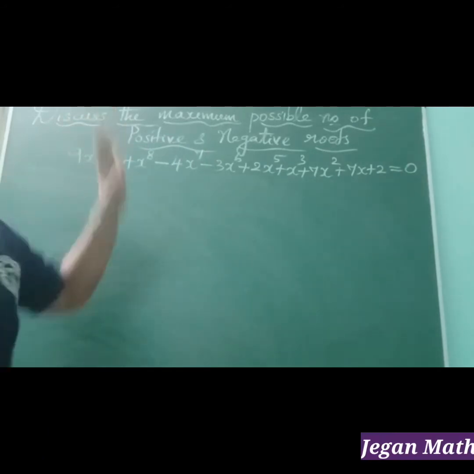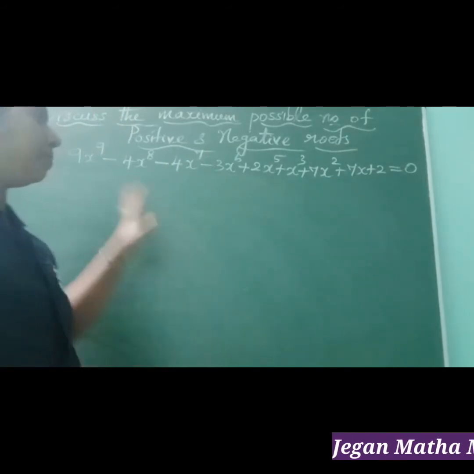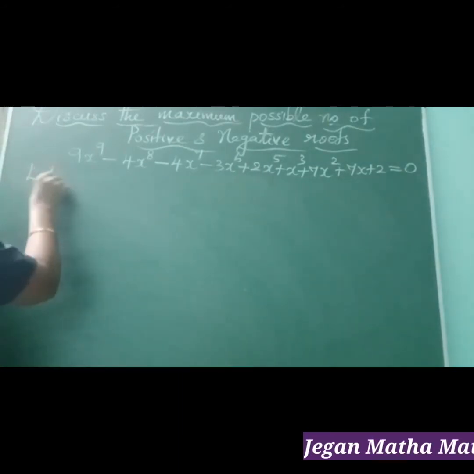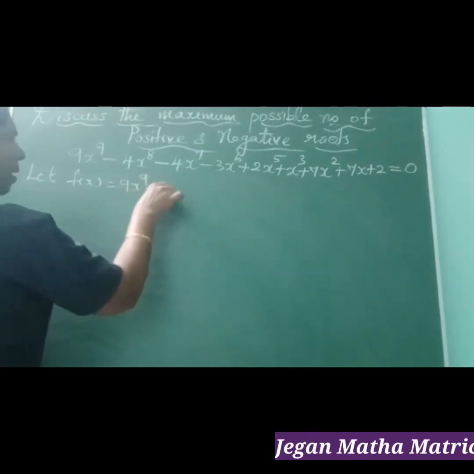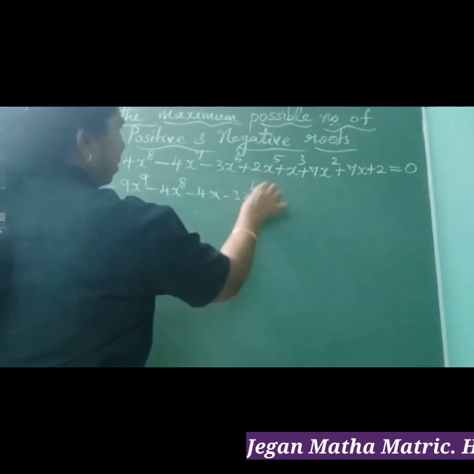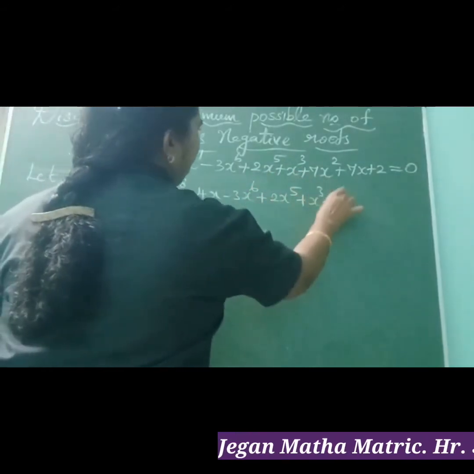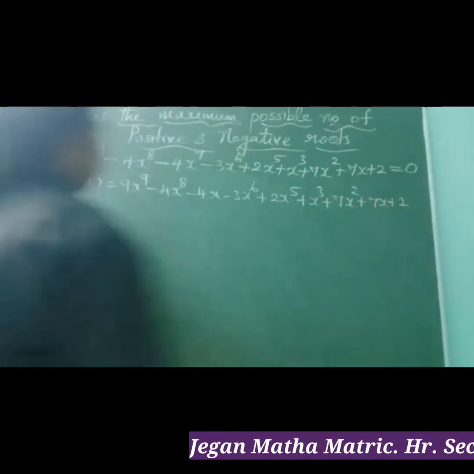So first, here we are going to discuss the solution only with the sign of the polynomial. First we can assume, let f(x) = 9x⁹ - 4x⁸ + 4x⁷ - 3x⁶ + 2x⁵ + x³ + 7x² + 7x + 2.